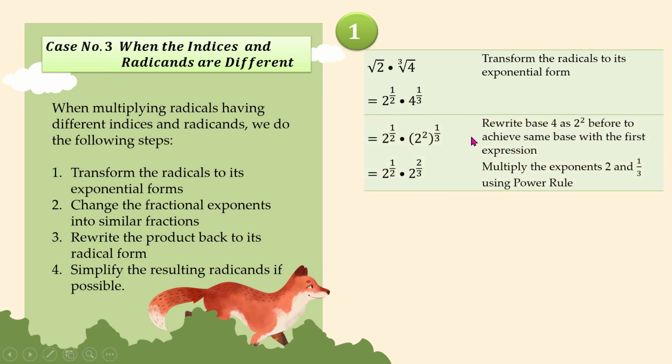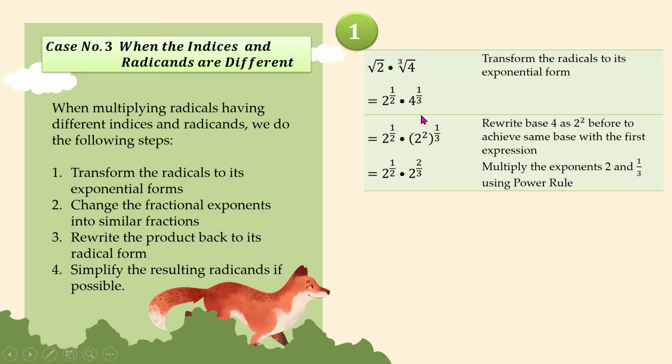Next, we write base 4 as 2 squared to achieve same base with the first expression. Okay. Diba ang nga na commonality ang base 2 ug base 4 no? Kaya pwede man mausab ang 4 as base 2. Ang 4 ma-express as 2 square. So, i-copy na to ang 2 exponent 1 half. I-change na to ang 4 as 2 square.